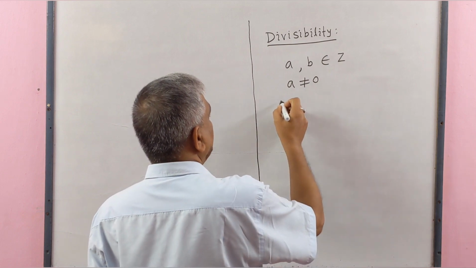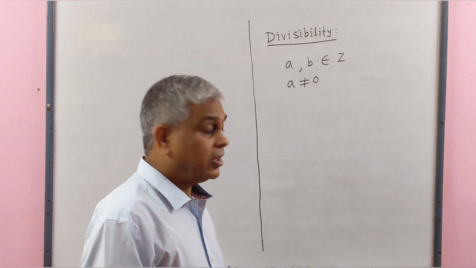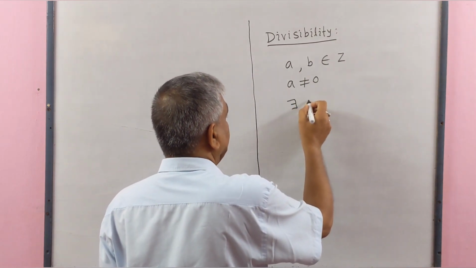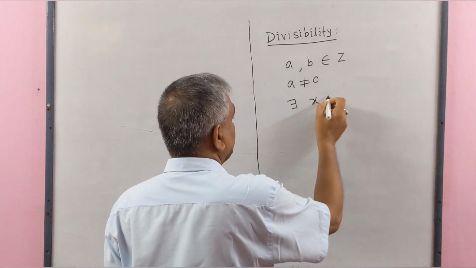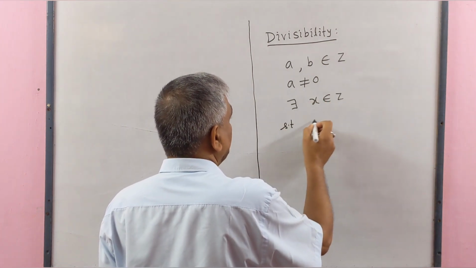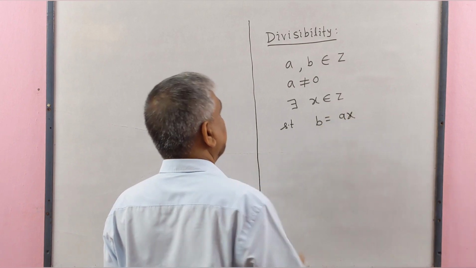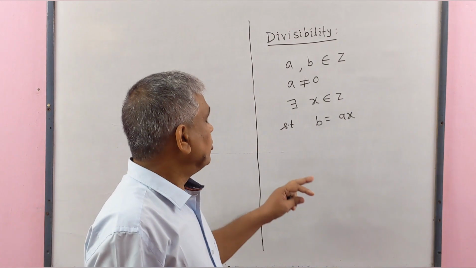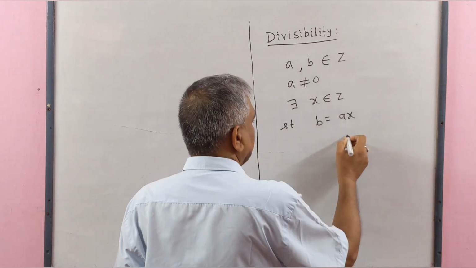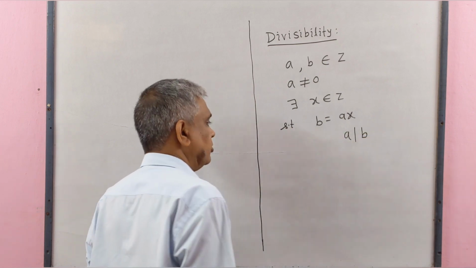Then B is said to be divisible by A if there exists an integer x belongs to Z such that B equal to AX. Here we denote this by A divides B.